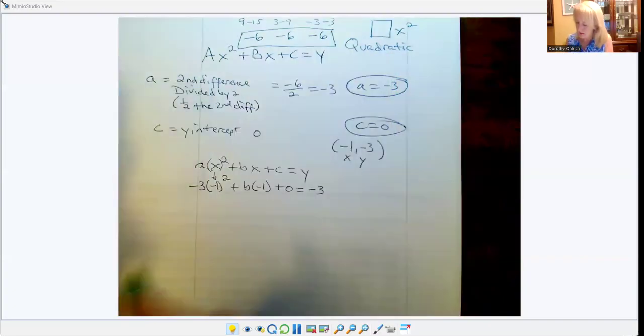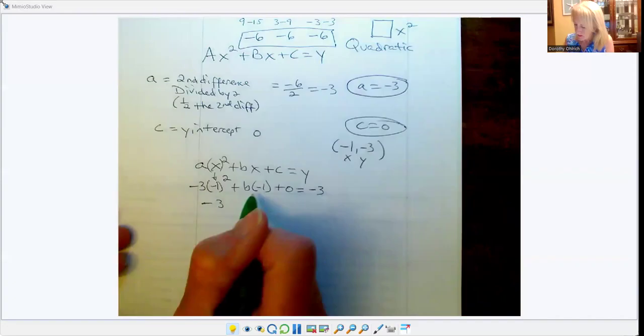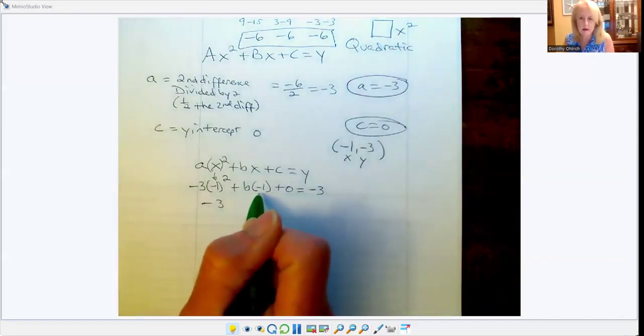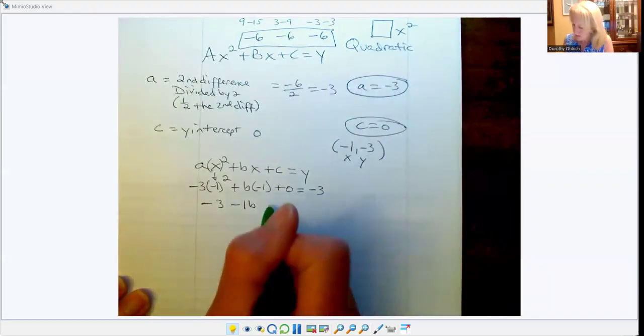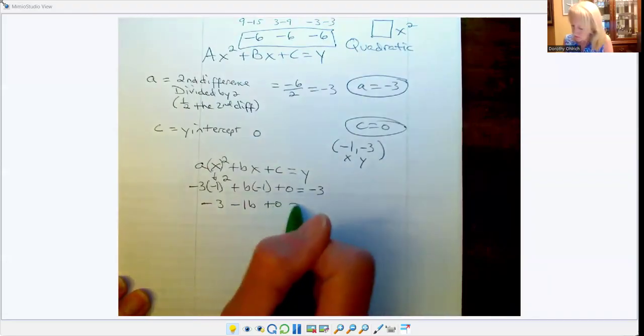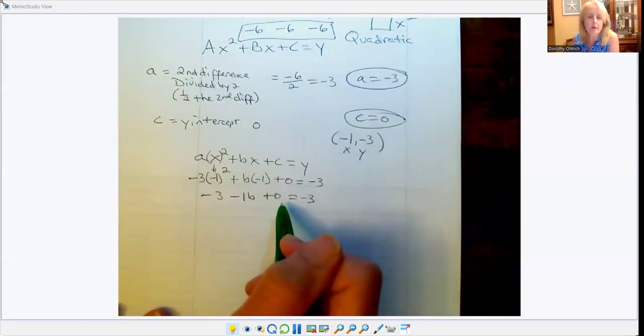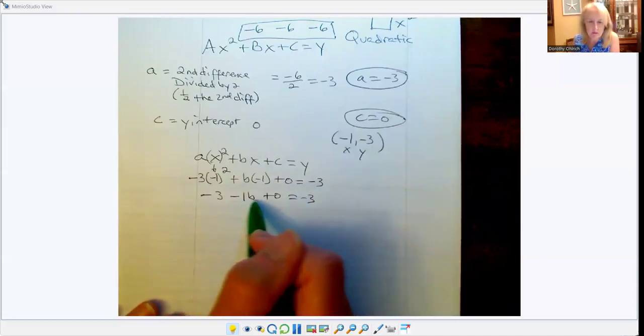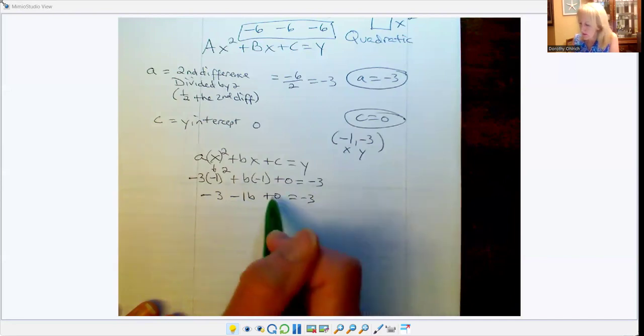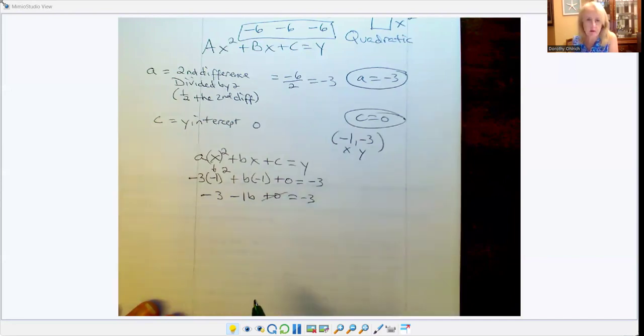So that's -3, plus -1 times b is -1b or minus b, plus 0 equals -3. We don't need to bring down the 0. I'm just showing you that I'm bringing everything down, but I don't need to put the 0 anymore.